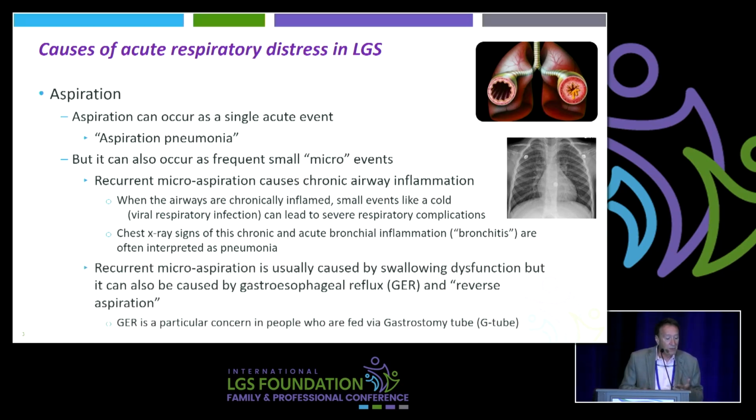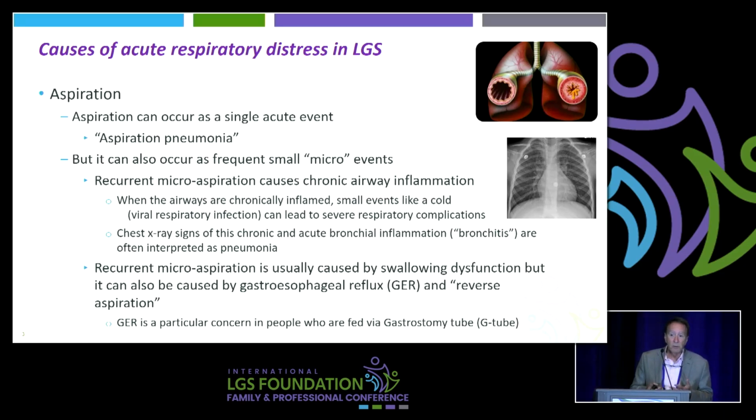Recurrent microaspiration can be caused by basically two main problems. One of them is gastroesophageal reflux, which most people think of as just a cause of heartburn. But if stomach contents are coming up on a regular basis, sometimes it will overflow back down into the airways.